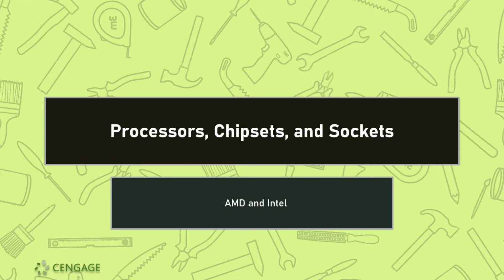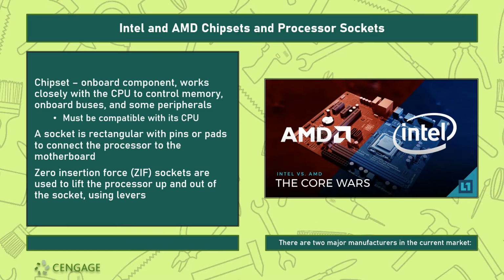A processor is a physical component. A chipset is a secondary physical component that helps to regulate the operation of that processor, and the socket is a port or interface on your motherboard that the processor connects to. Now, the chipset works with the CPU, as I said, in a regulatory capacity to control memory access, access to the online buses, and certain peripherals.